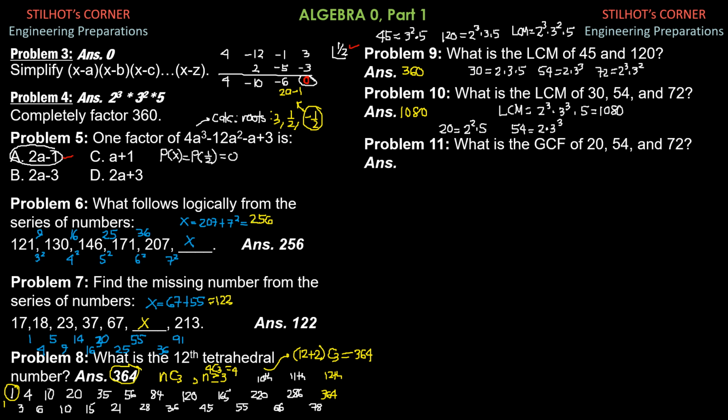And 72 is 2 cubed times 3 squared. So therefore the GCF is, the only common factor to all is 2, and the least exponent of 2 is 1, therefore the GCF is 2.